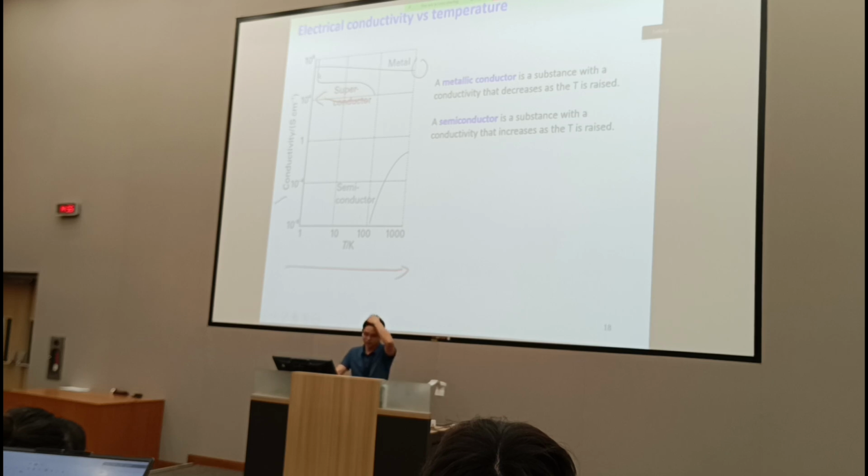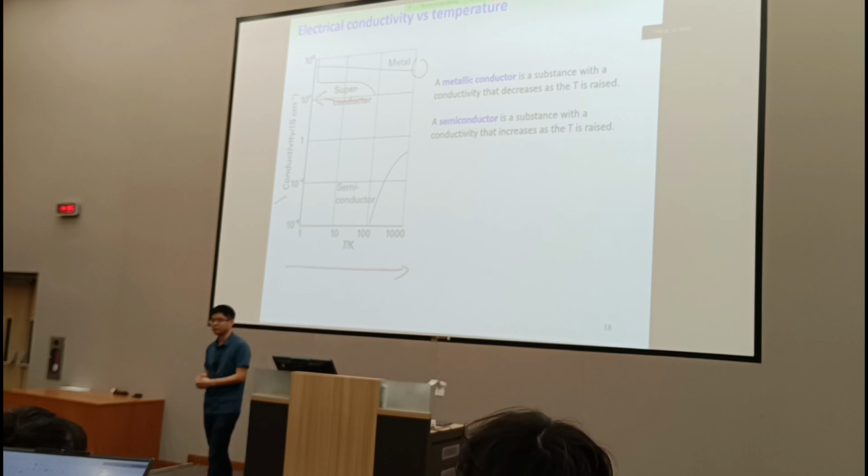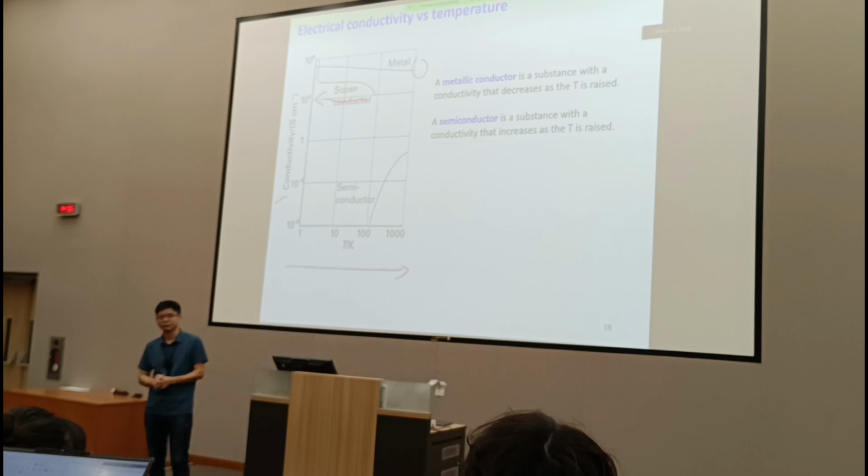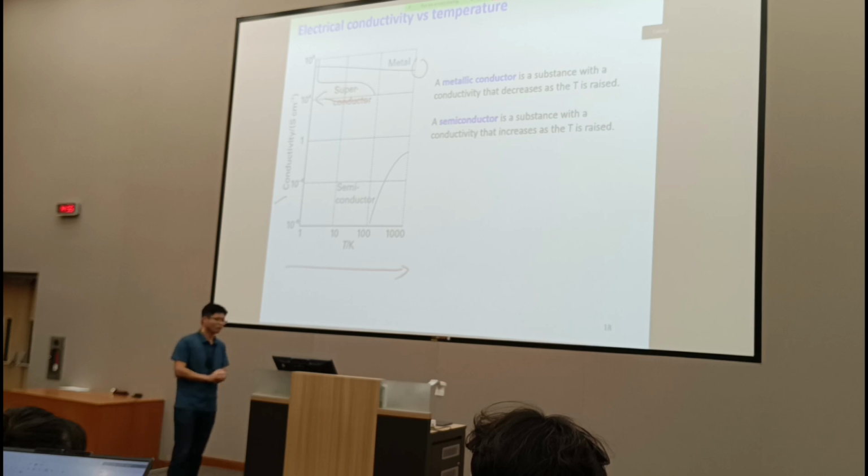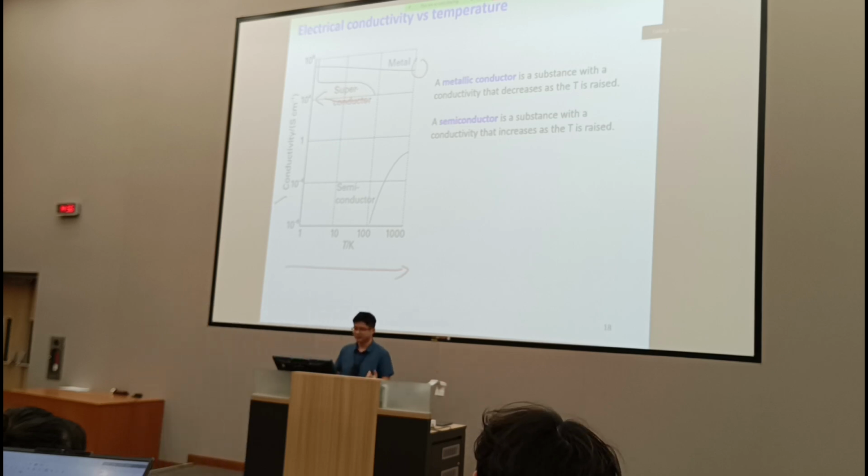That's the reason why, when you make the metal hot, the conductivity drops. For a semiconductor, when you make it hot, the conductivity increases. Why?